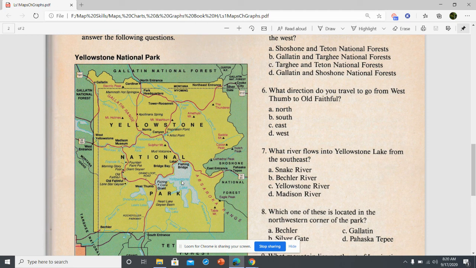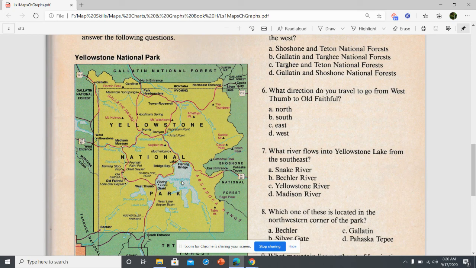Number 10. If you come into the park's west entrance at West Yellowstone, what is the shortest way to West Thumb? Is it A, go east to Madison Museum, turn south to Old Faithful, follow the Grand Loop Road east to West Thumb?